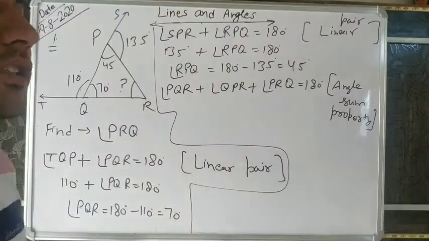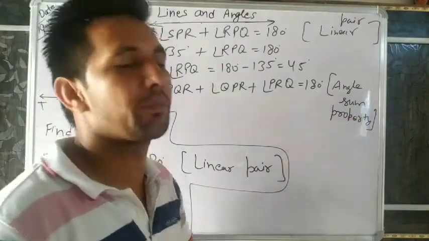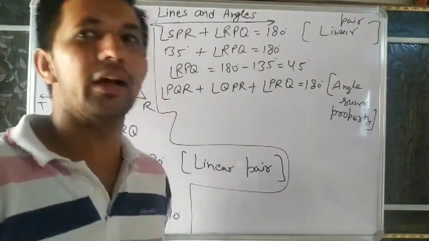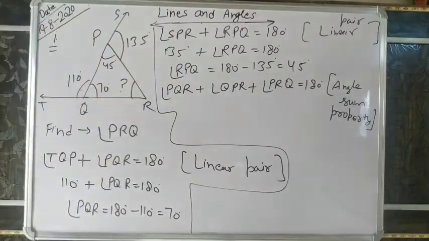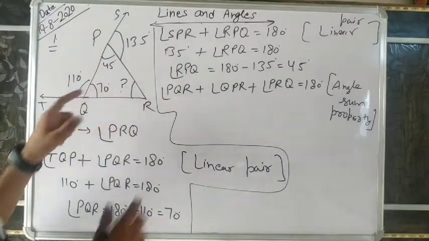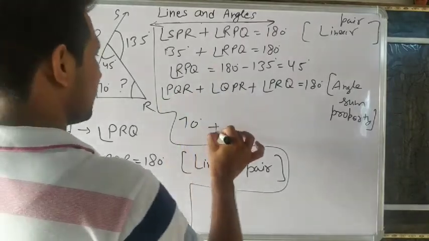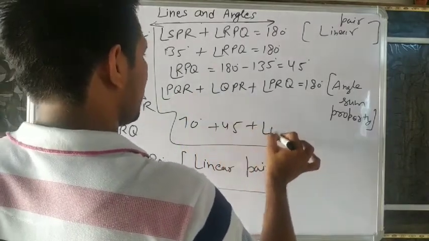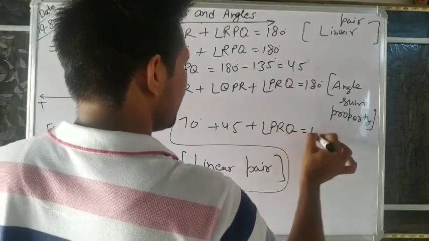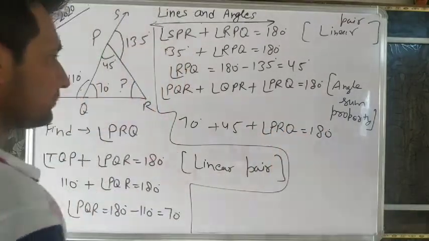Otherwise you can write: sum of interior angles in a triangle is 180 degrees. So angle PQR we know is 70 degrees, the middle angle QPR is 45, and this one we want to find, total 180 degrees. Understand?